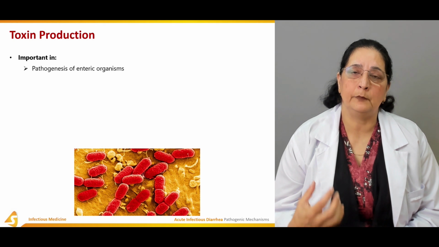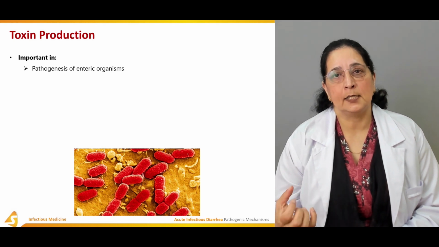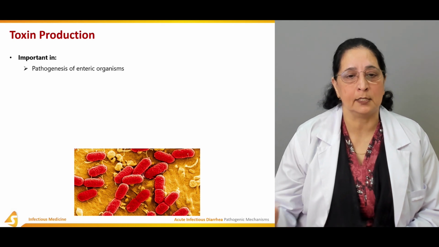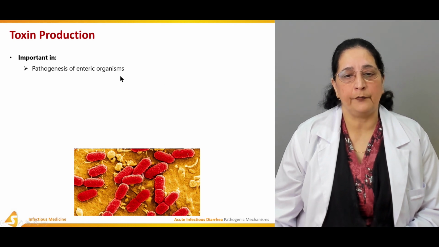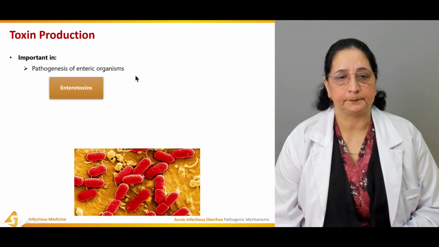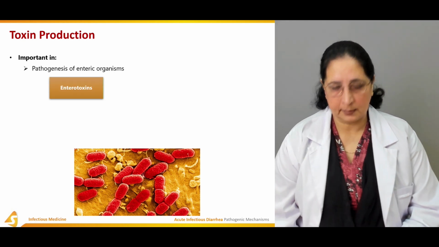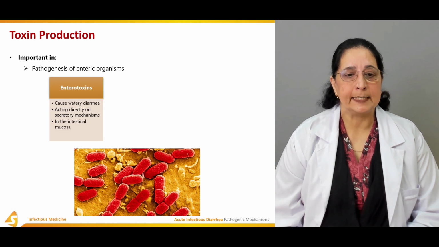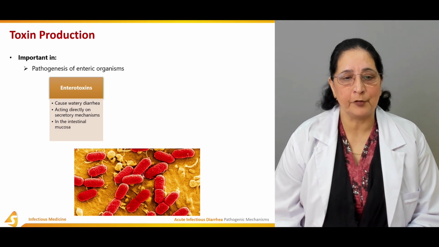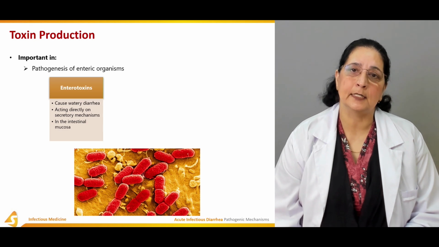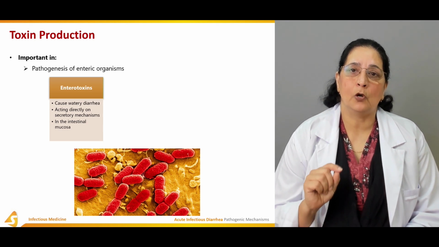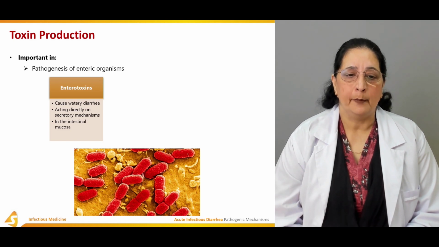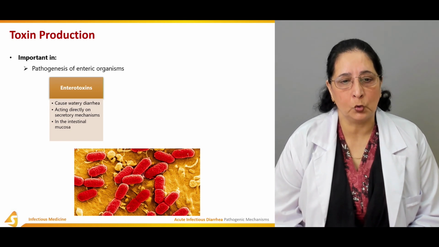Enteric is the term used for intestine, so enterotoxin is the toxin in the intestine. Enterotoxins cause watery diarrhea, acting directly on secretory mechanisms in the intestinal mucosa. So it causes watery diarrhea because it increases the secretion by the intestinal mucosa.